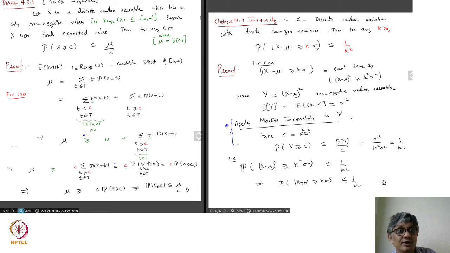So X bigger than or equal to c is the tail of the distribution, and its probability is at most mu by c. And Chebyshev inequality says you can quantify how far X is from its mean in units of standard deviation: k units away has probability at most 1 by k squared. Very nice.